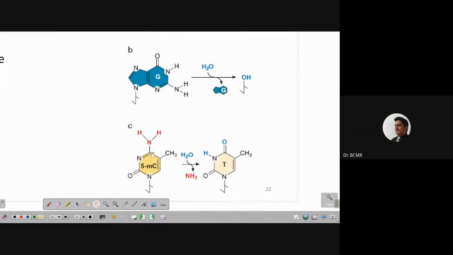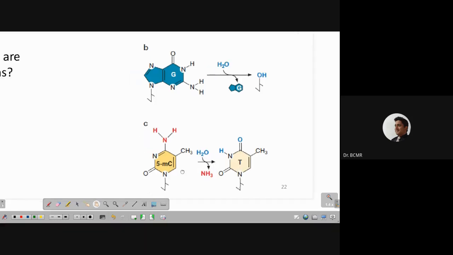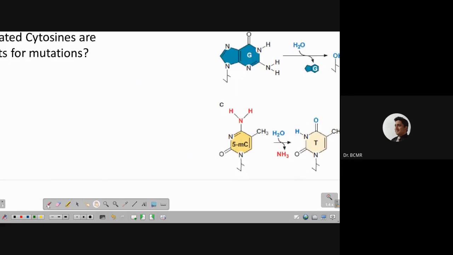What if a methyl cytosine is deaminated? Then you end up forming thymine. And thymine is a normal base of DNA. Then which one should we repair? What I'm trying to say here is that I will just draw a sequence.